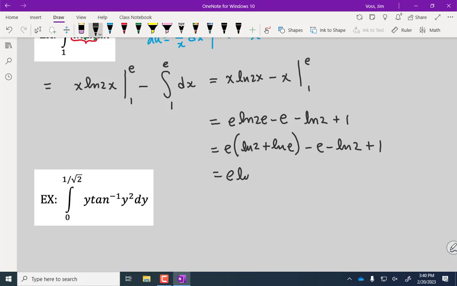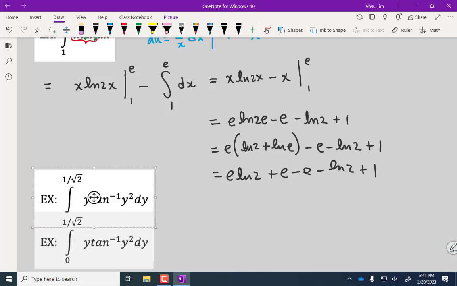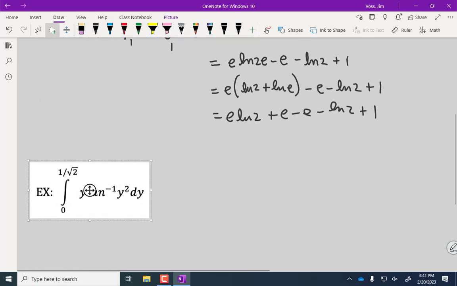So this will be e natural log of 2, that we just said is 1, so we're going to get a plus e minus natural log of 2 plus 1. So we'll get a little bit of simplification. So the e's cancel, and that's about it.